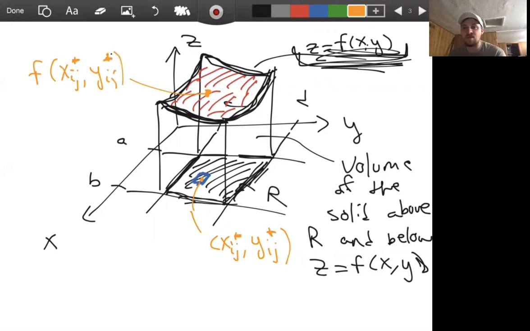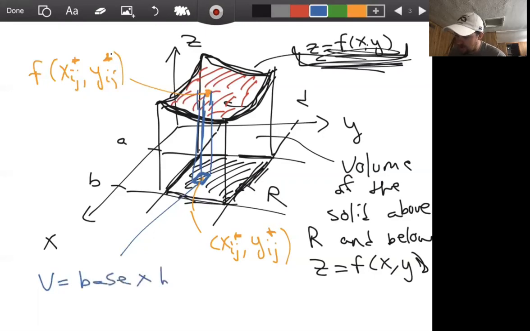And we can use this as an approximate height of a prism where the volume of this little prism is given by the base times height, where the base is the area of Rij.